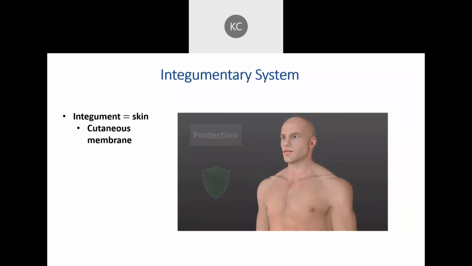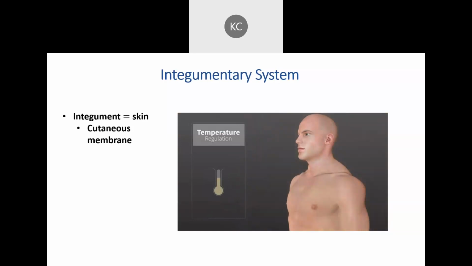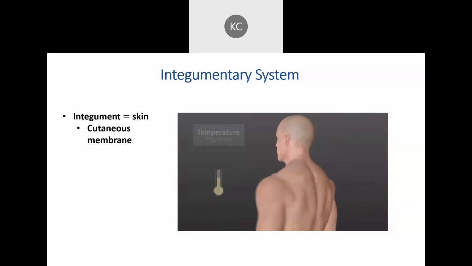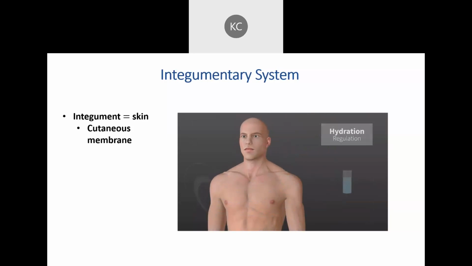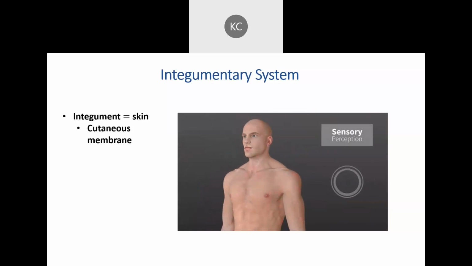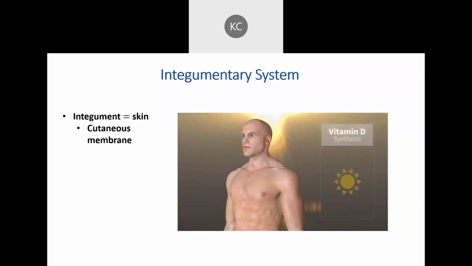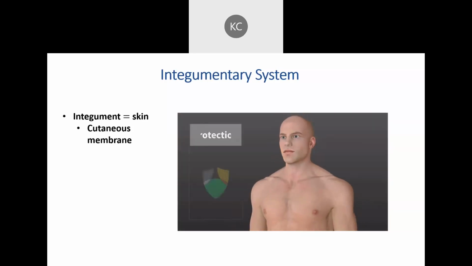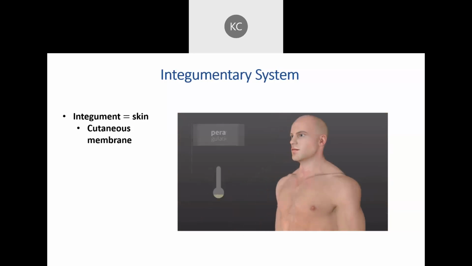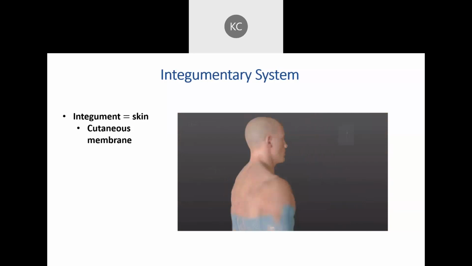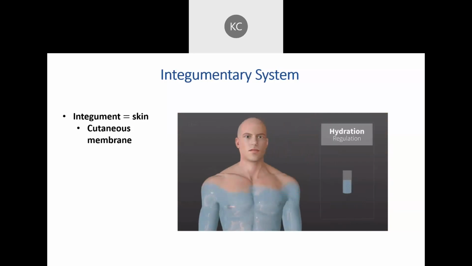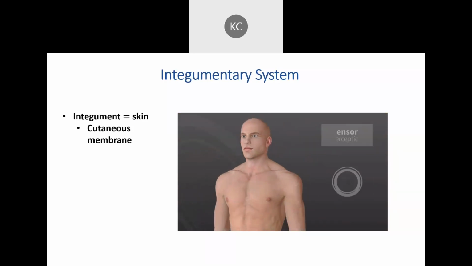We know that the skin has many different functions depending on what cell type or what thing you're specifically referring to. It can have things like protection. In very general terms, our skin is our first line of defense. Anytime you break or damage the skin, you have now opened up a portal of entry for some type of microbe, some type of pathogen to enter. Our skin can also be involved with the regulation of our body temperature.